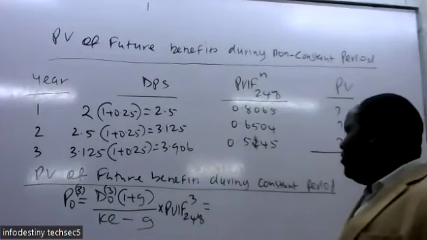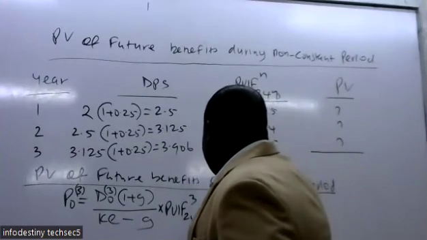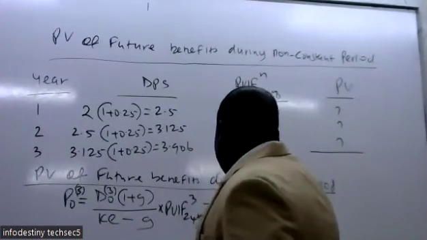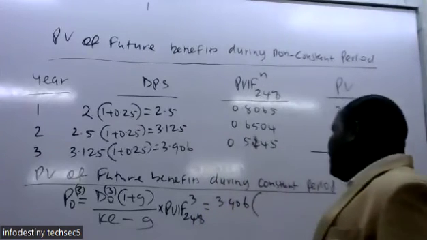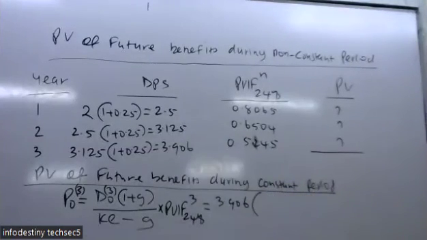So our D0 is the dividend in year 3, which was 3.906. The growth rate is the historical one that we calculated. You remember 19.5%? Was it 19.5?